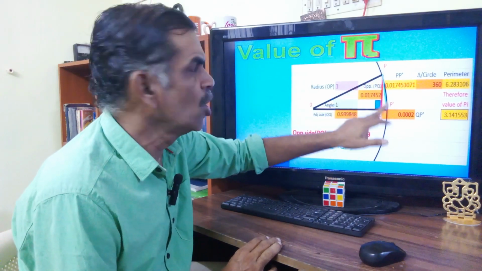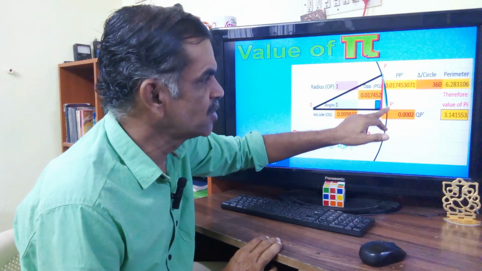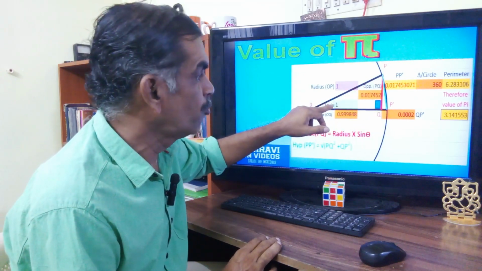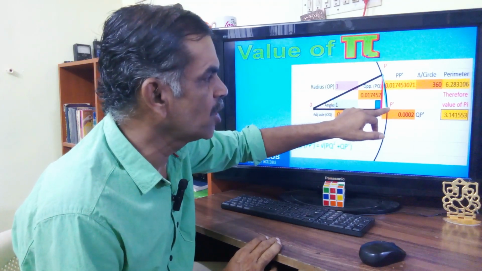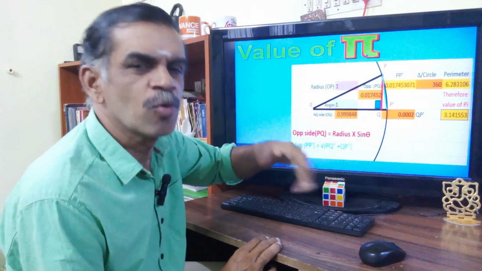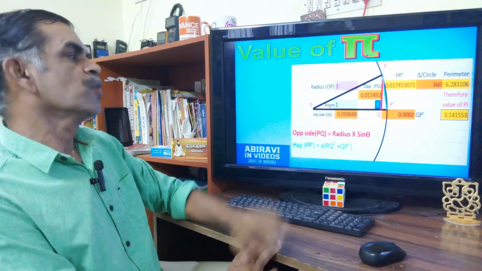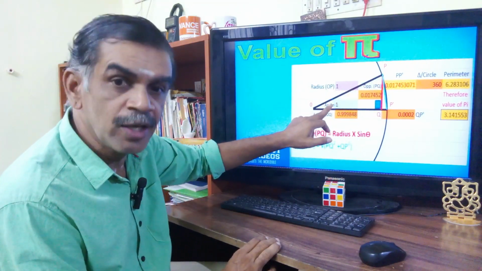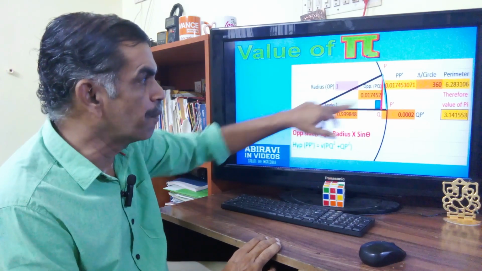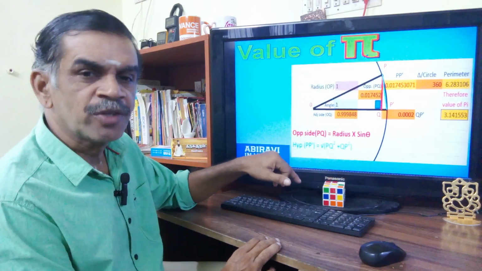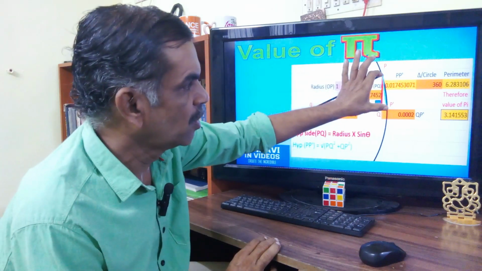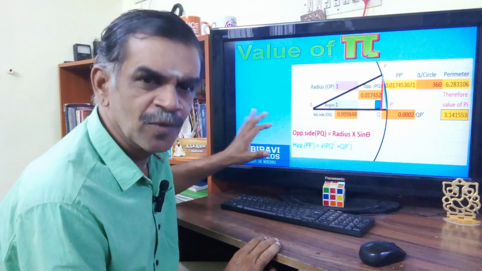This value is close to this part of the circle. When you see it, if it is 1°, it is very close to that circle, almost the same value. So if you know this value PP dash for 1°, then you can multiply it by 360 degrees, and you will get the whole circle's perimeter.